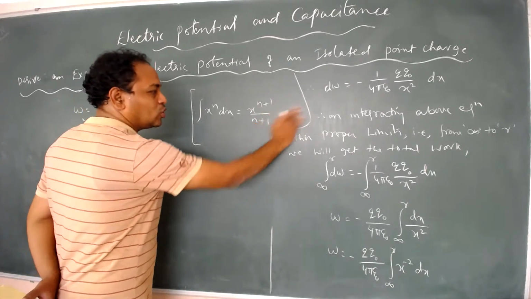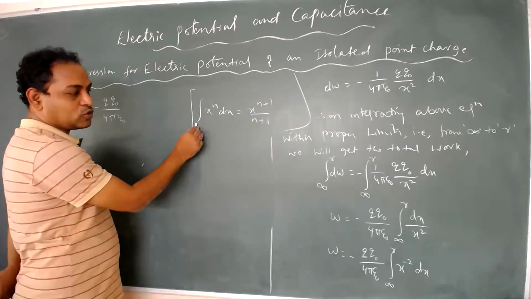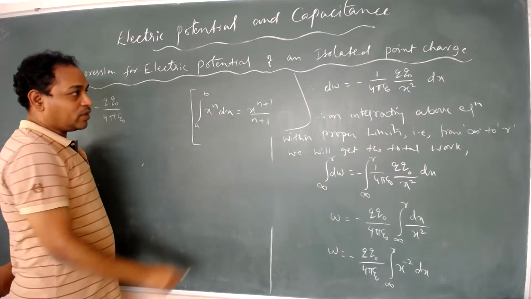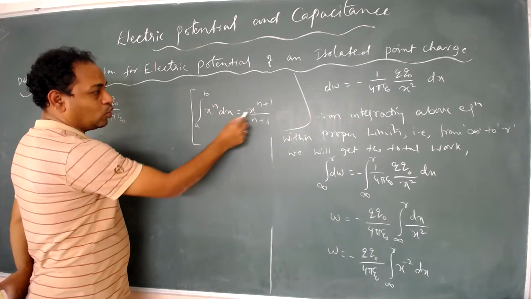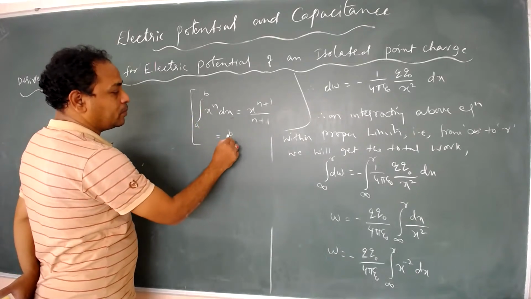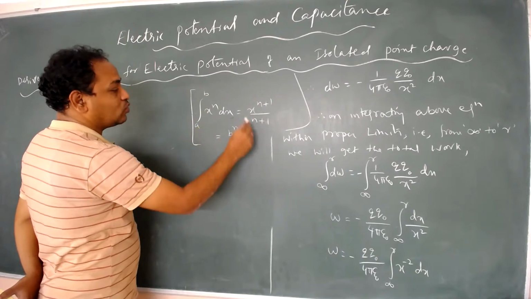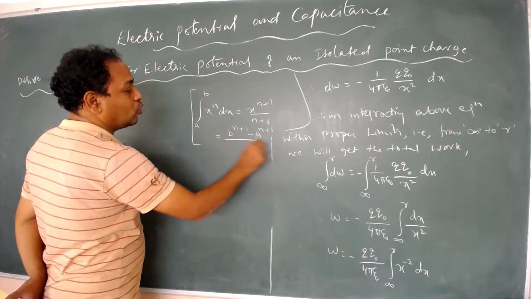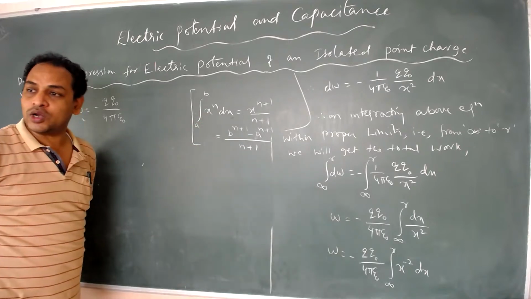We do not need the constant. If some limits are there, suppose a and b, then instead of x we have to place the upper limit minus the lower limit. For example, here we substitute b power n plus 1 minus a power n plus 1, whole divided by n plus 1. So we have to do upper limit minus lower limit.